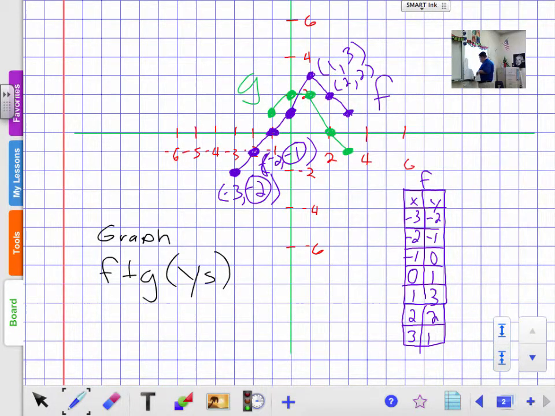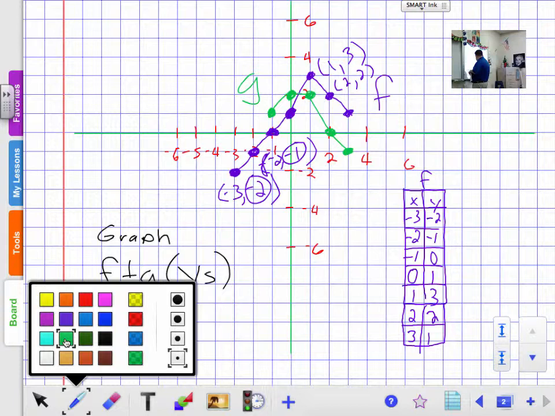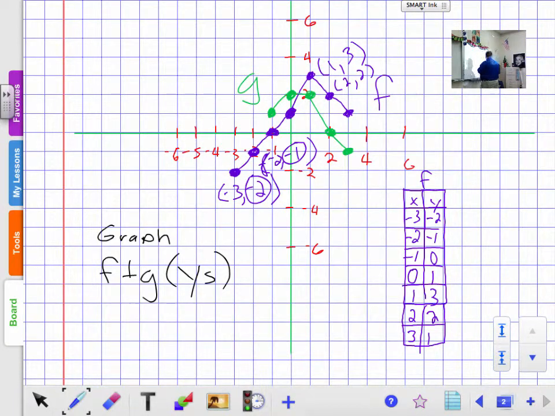Now, my G is pretty much the same thing. But do I have a value for g at -3?